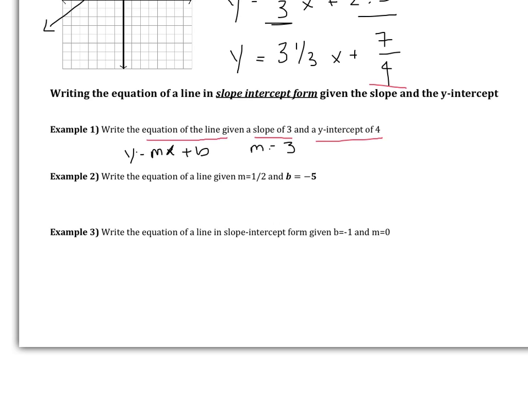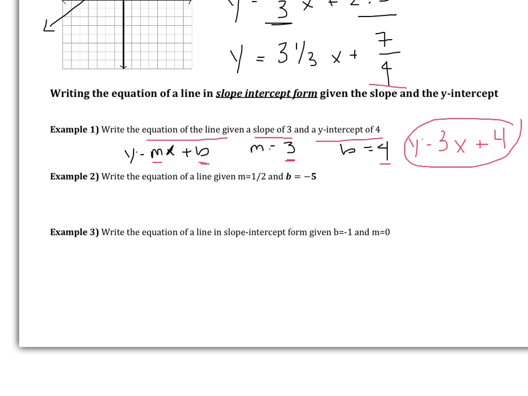And the y-intercept is 4, so b is 4. So all I'm going to do is say y equals my m, which is 3, so 3x, the y and the x stay, plus my y-intercept of 4. So what I did is I put the 3 in for m and the 4 in for b. My answer is y equals 3x plus 4.